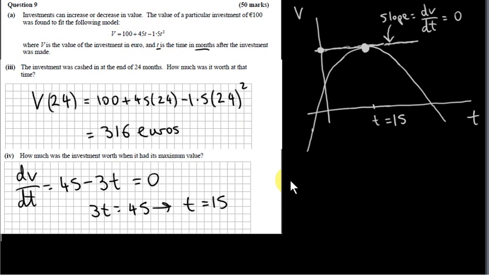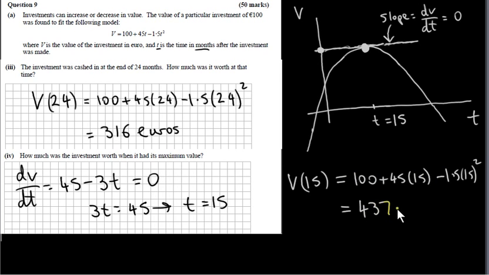So what we've got to do is find the value of V when t is 15. We just plug 15 into this function. We get 437.5, and this is euros. So the coordinates of the maximum value of this graph are 15, 437.5.